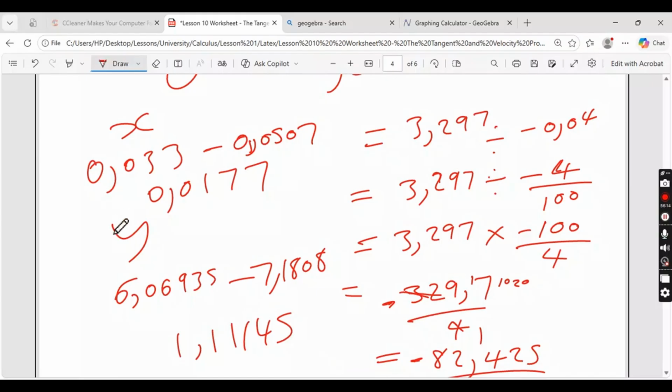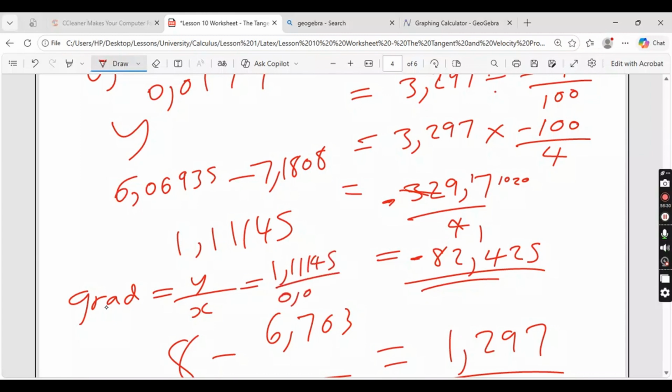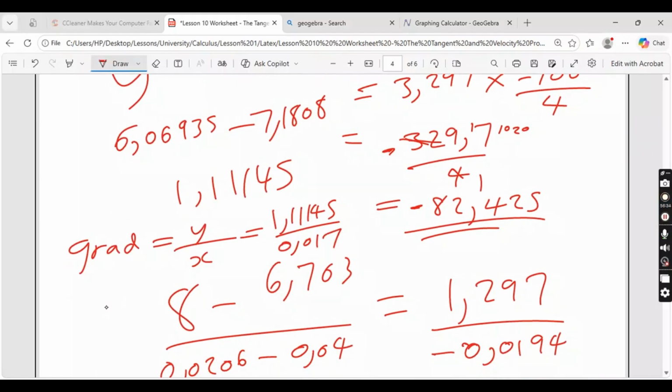Okay, so since the gradient always has y on top and x at the bottom, we take y, 1.11145 over 0.0177.